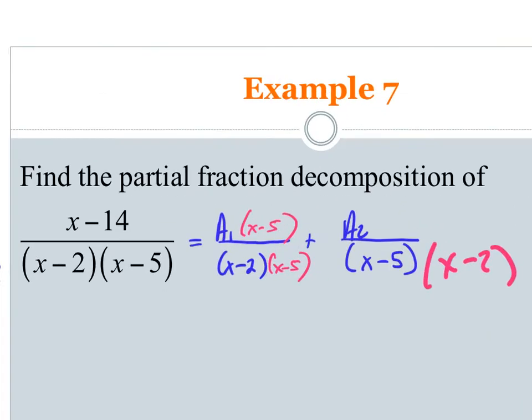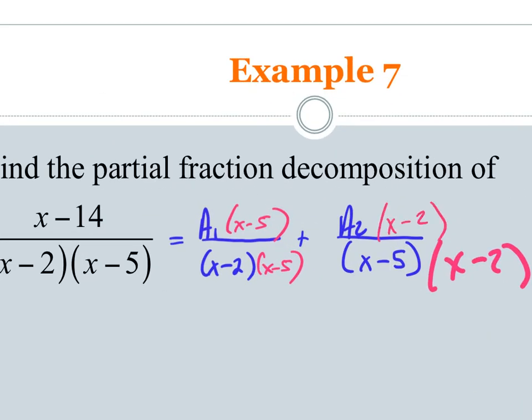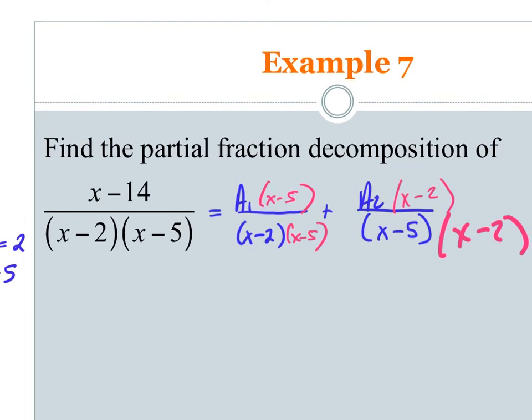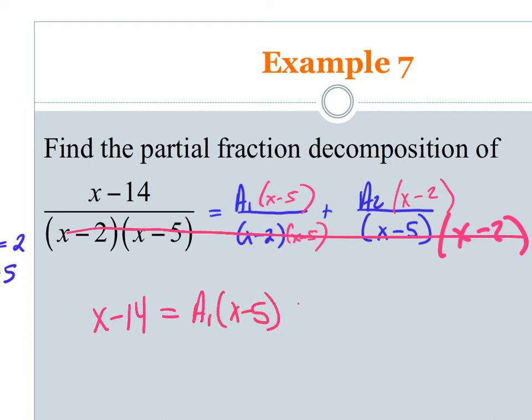So the top gets the x minus 2. Now that all of them are the same, what can we do with them? Cross them out, right? So now I'm going to rewrite my big equation. x minus 14 equals a sub 1 times x minus 5 plus a sub 2 times x minus 2.